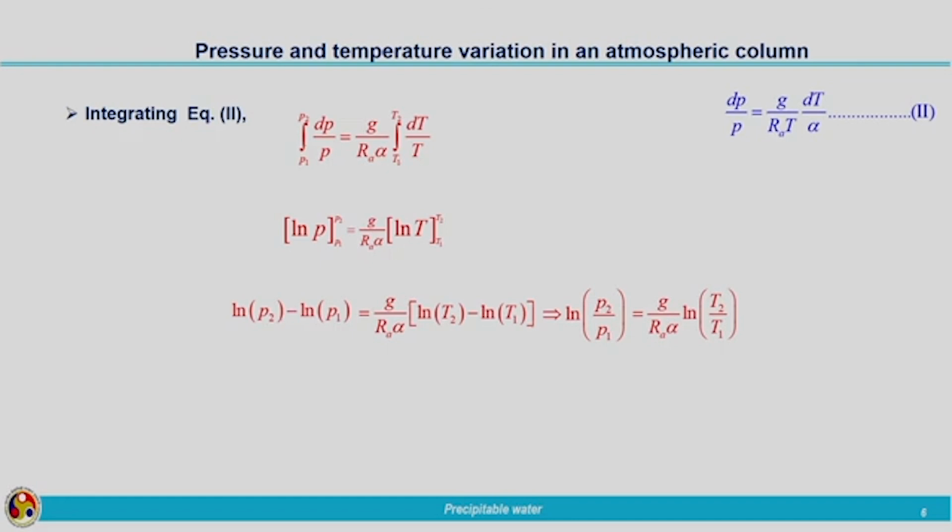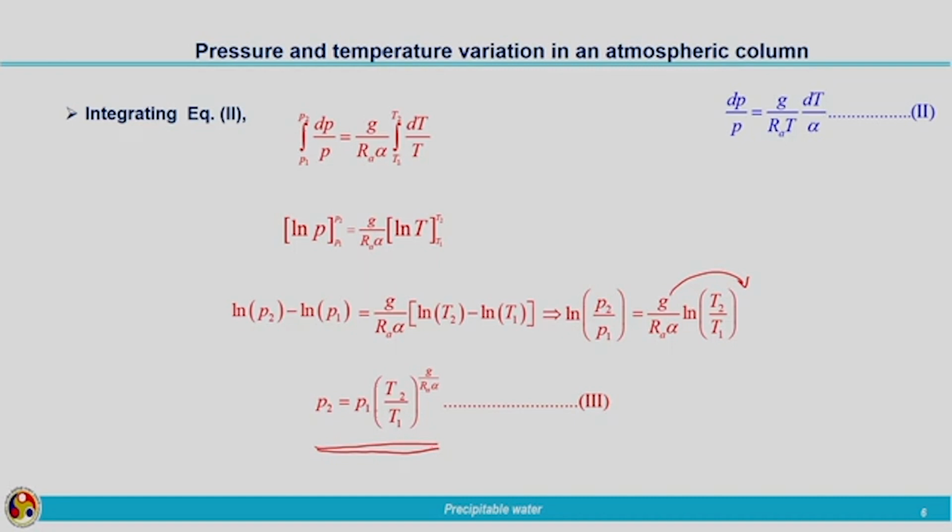Again, some adjustments we are making to make it simple, that is, we can write it this way: P2 by P1 is equal to T2 by T1 to the power of G by R alpha. Then P2 can be obtained as P2 is equal to P1 times T2 by T1 to the power G by R alpha. So, this is our relationship between P2 and P1.